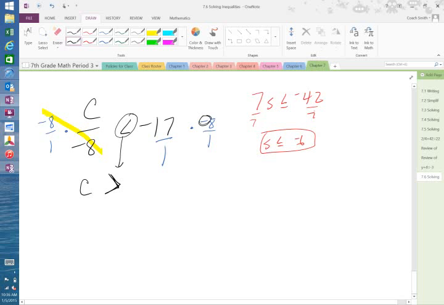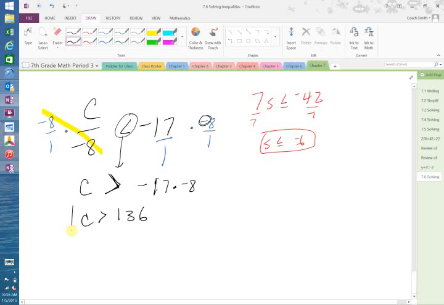Now, what is negative 17 times negative 8? 136? No, just 136. Okay, so c is greater than 136.